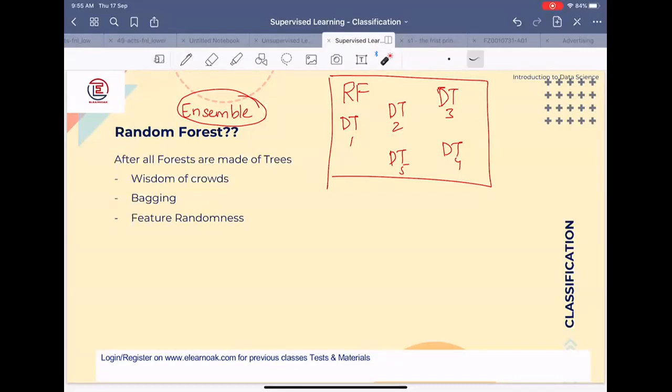But if you mix it up, if you ask your parents, your mentors, your teachers, your friends, you're talking to different kinds of people. And these different kinds of people come with different experiences of life, and thus they will help you take a better, more informed decision. So wisdom of the crowds demands that these different decision trees are actually different from each other. They are not the same.